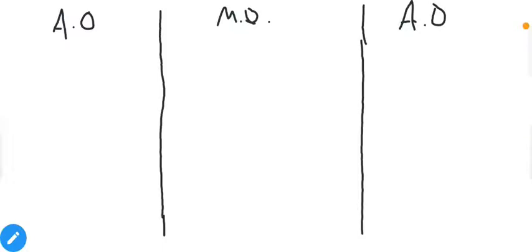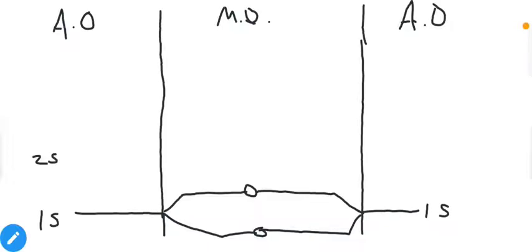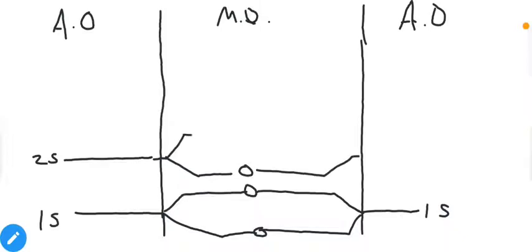First will be 1s, and as we know, 1s will form two different orbitals, bonding and anti-bonding, like this. Now the second one we have is the 2s orbital, and again you will get two different orbitals from the 2s, one bonding and the second anti-bonding.